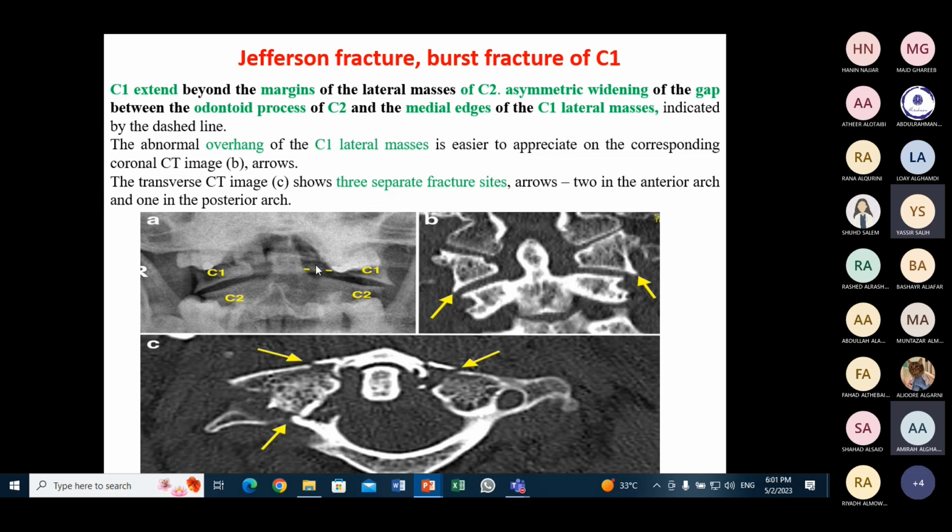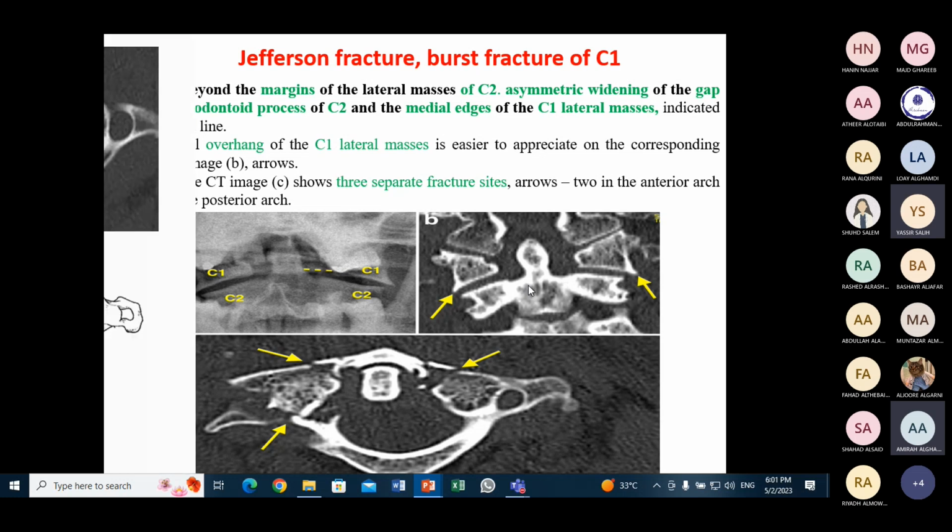We see these signs: malalignment between C1 and C2 and asymmetry of the gap between the dens odontoid process and the medial edge of the C1 lateral mass. And CT is the best.